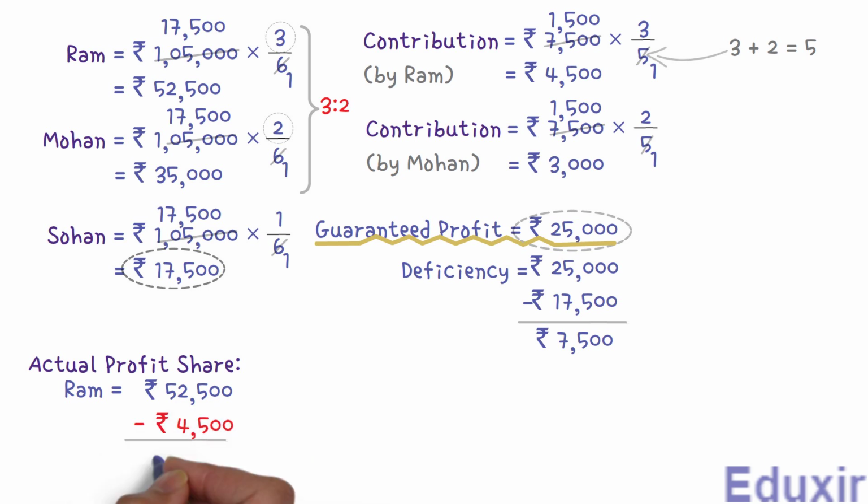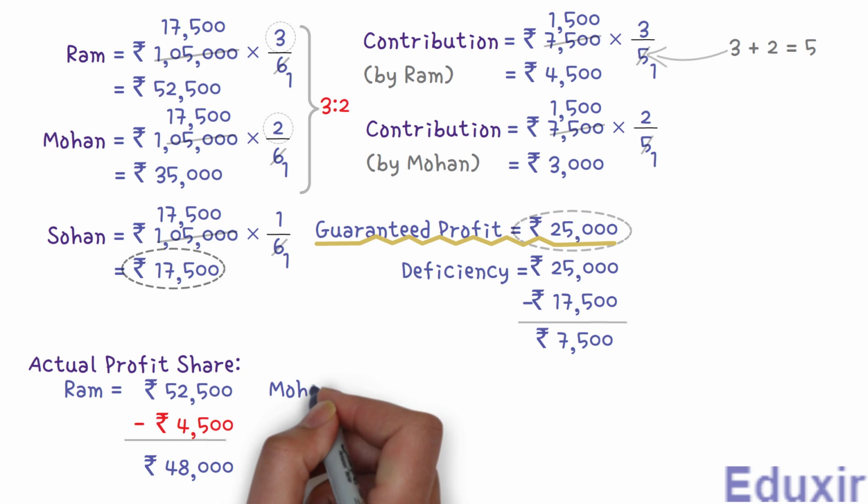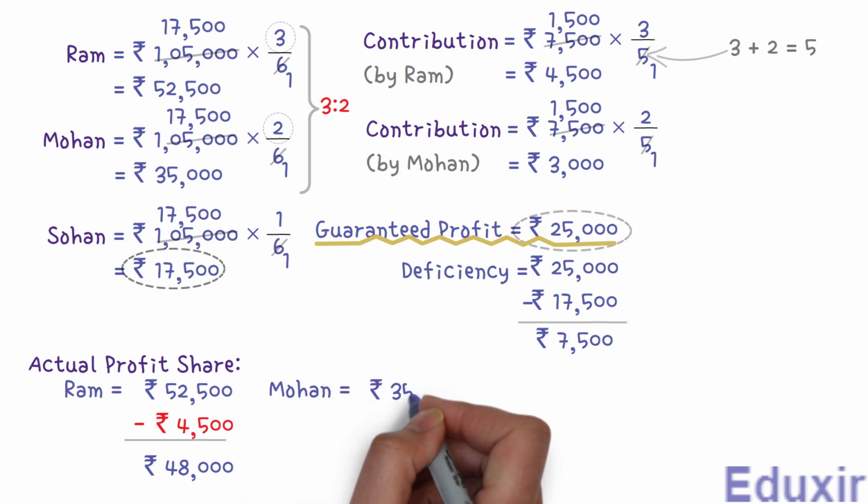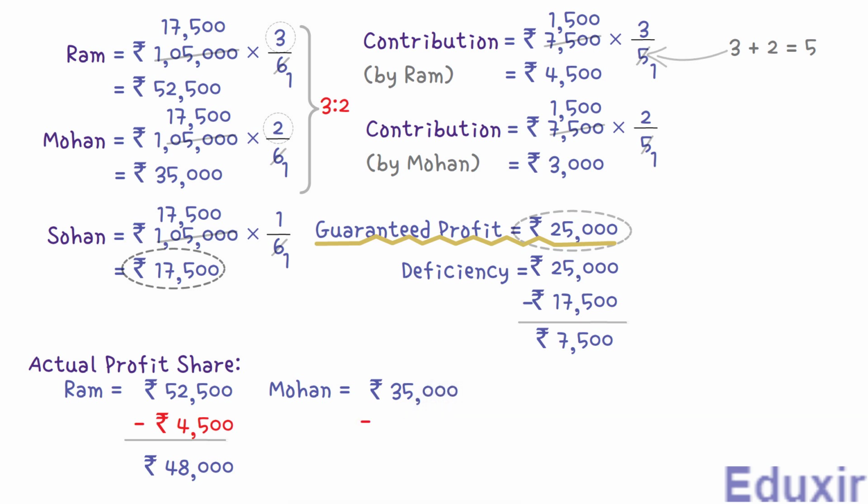Subtracting, we get 48,000 rupees. Now, the actual profit share of the partner Mohan is equal to his share of profit as per the profit sharing ratio, which is 35,000 rupees, minus his contribution to the partner Sohan's profit share deficiency, which is equal to 3,000 rupees. Subtracting, we get 32,000 rupees.